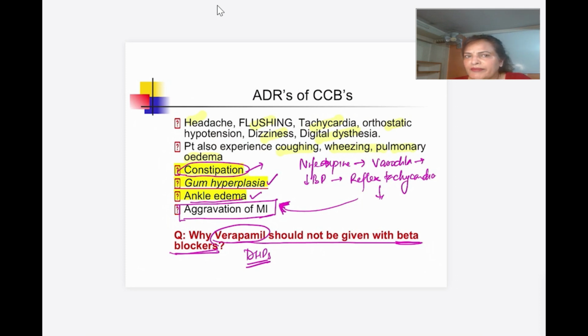Whenever you are writing the mechanism of action for classical angina, focus that it is going to decrease the cardiac work. And whenever you are writing the mechanism of action for variant angina, mainly focus on it reversing the vasospasm. That's all.